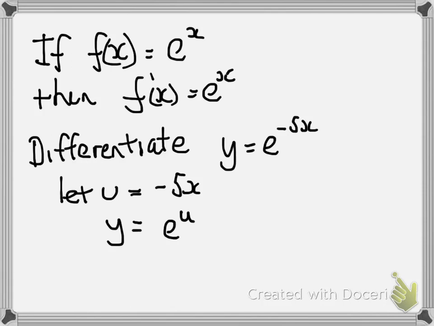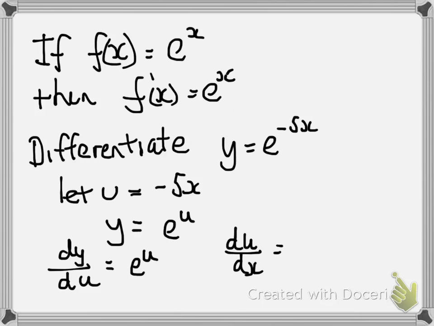Remember, when using the chain rule, we've got to find two things. It doesn't matter which order. First of all, I'm going to find dy du, which is the derivative of the new expression. What's the derivative of e to the power of u? E to the power of u. Then, of course, we get the derivative of u, which is du dx.